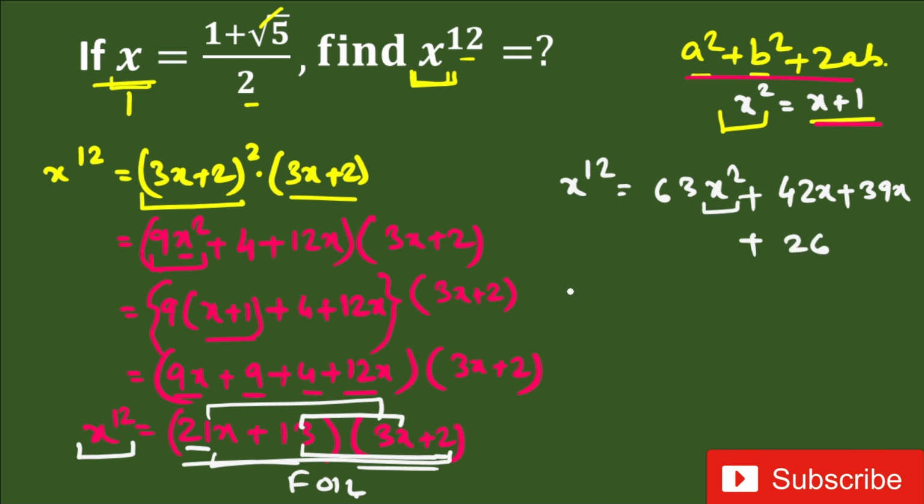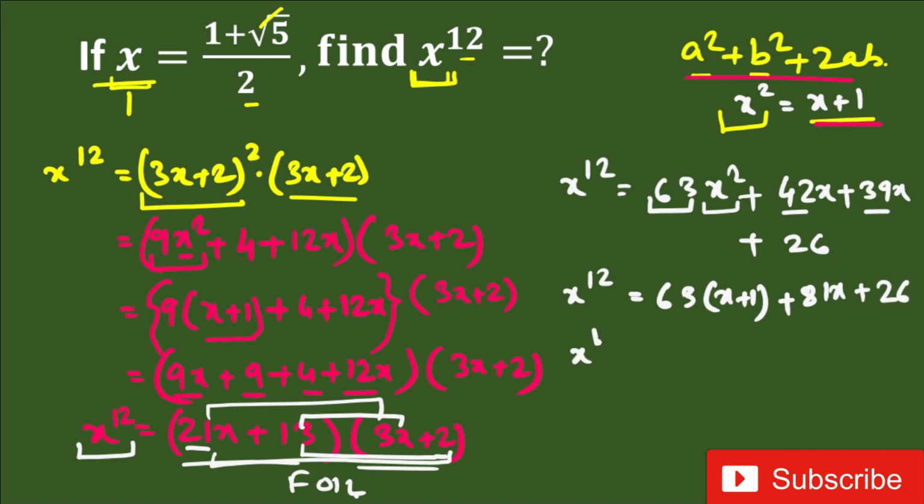Now in the next step we'll calculate x raised to the power 12. That will be 63 multiplied by x square. The x square value is x plus 1, so it is 63 multiplied by (x plus 1). And now we'll simplify this: 42 plus 39 is 81, so 81x plus 26.